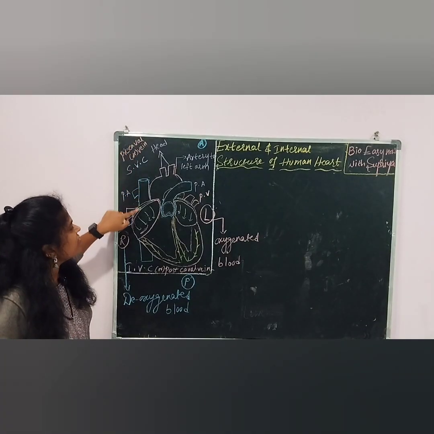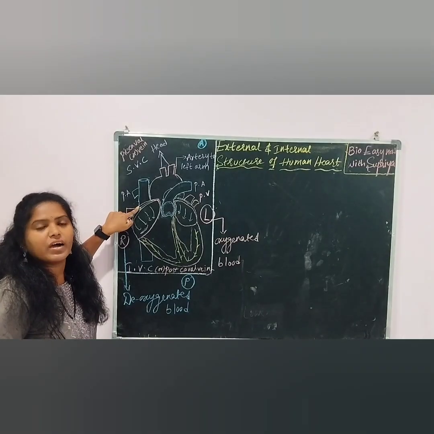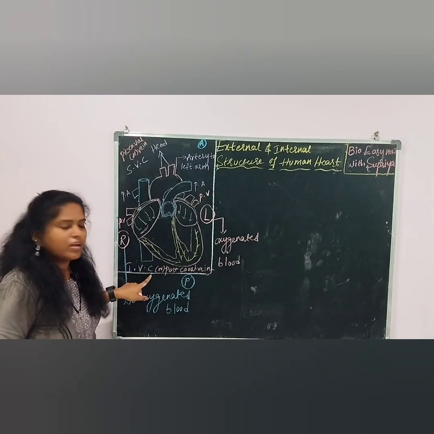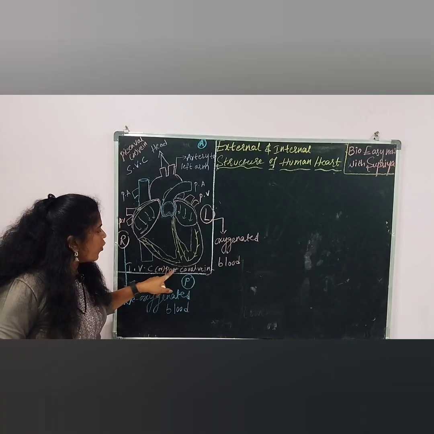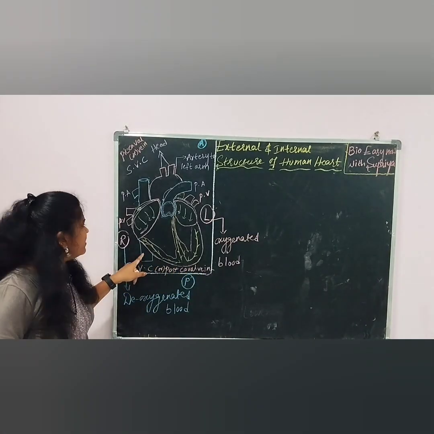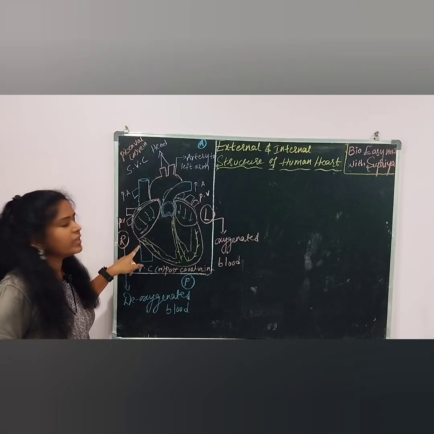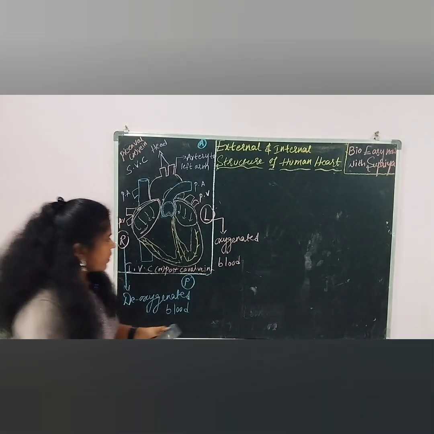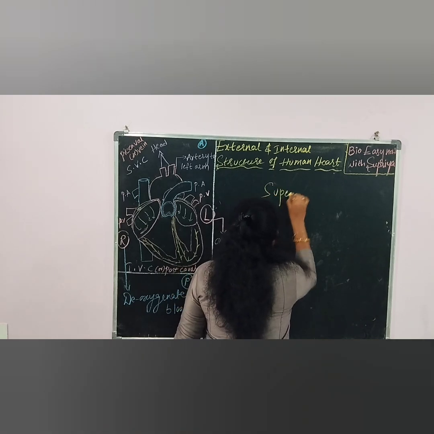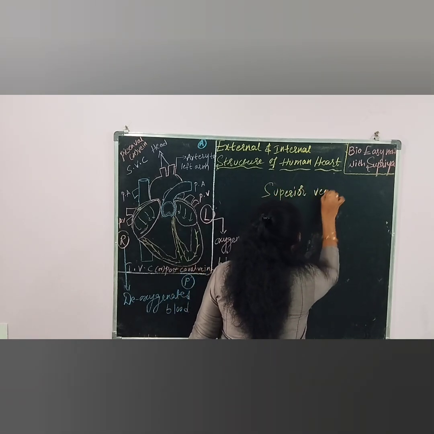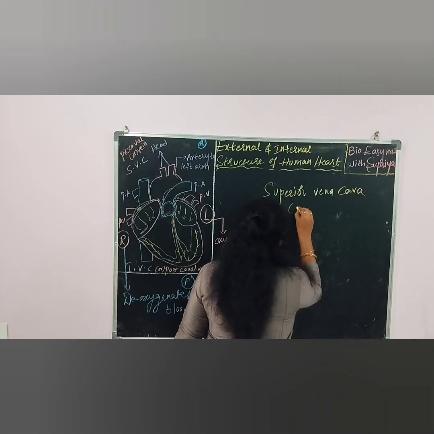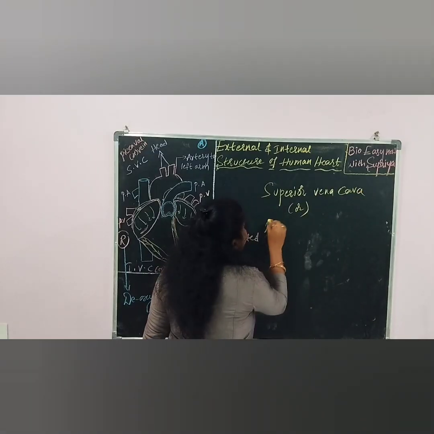It arises from the right side of the heart. And this is the inferior vena cava, also called the postcaval vein. This also arises from the right atria.